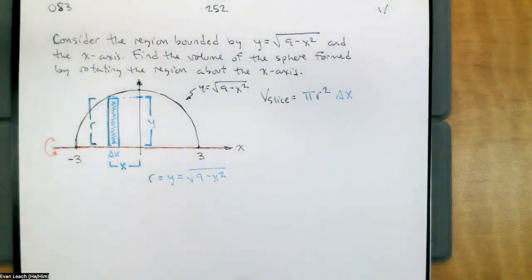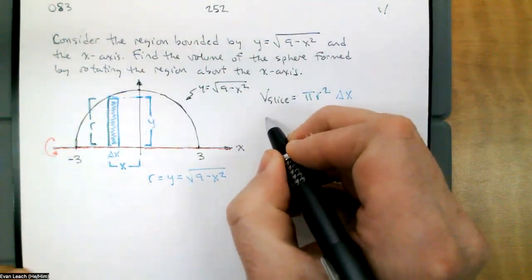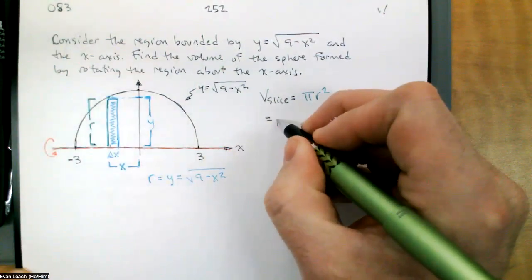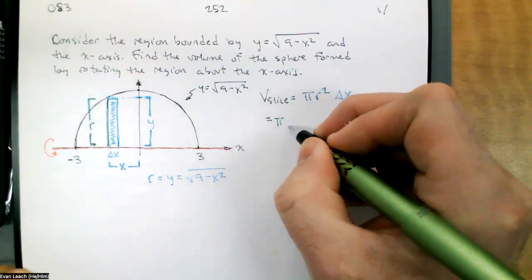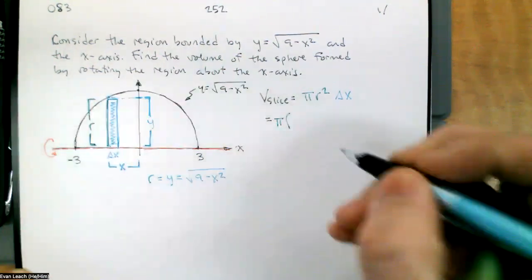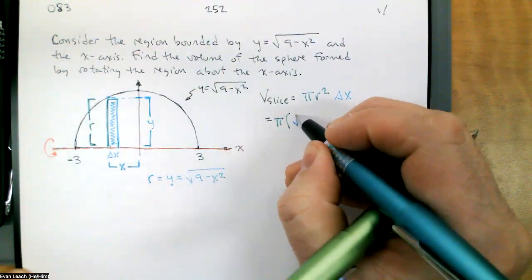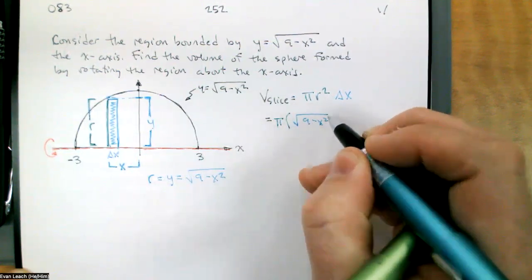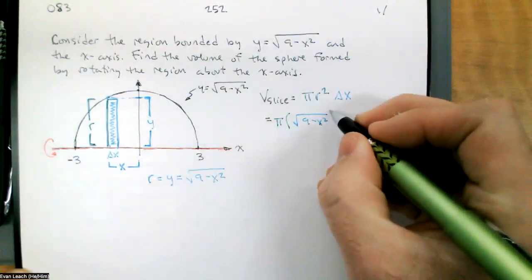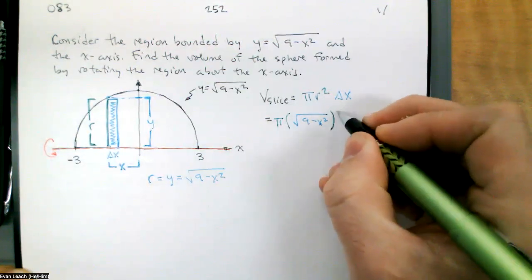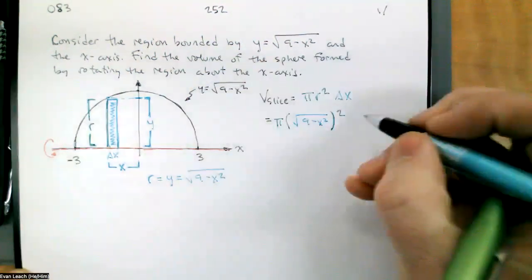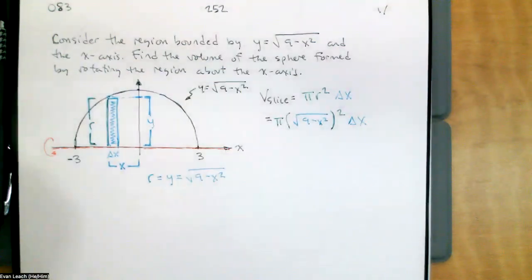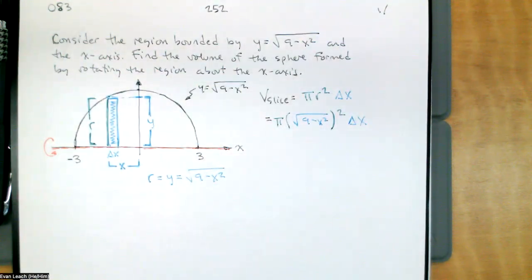So when we go to our volume of the slice, we have pi times the radius squared. So there's pi. The radius is the square root of 9 minus x squared, and then that gets squared, times our delta variable, delta x.